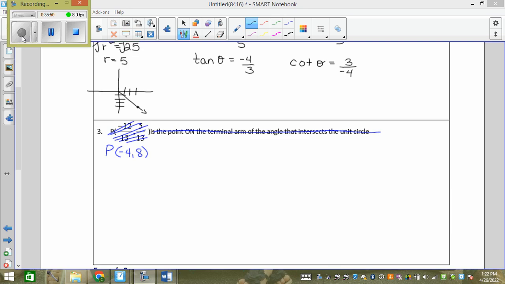Okay, so here we have x, y, r squared equals 8 squared plus negative 4 squared. R squared equals 64 plus 16. R squared equals 80. Square root, and I get R equals, is that 16 and 5? So I'm going to get 4 root 5.